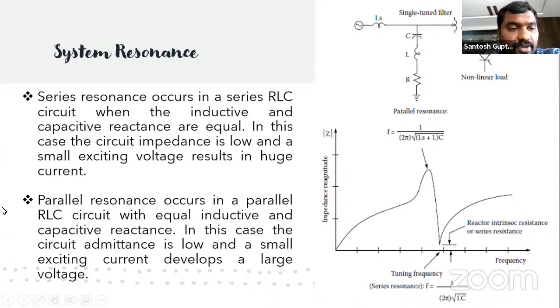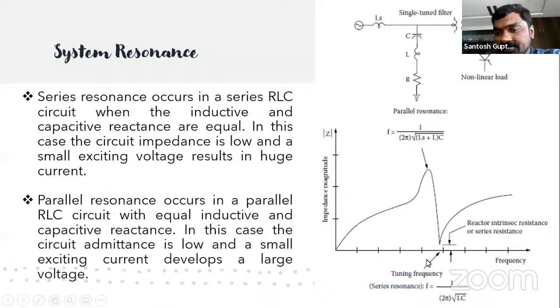Also, parallel resonance is like a parallel RC circuit with equal inductive and capacitive reactance. This happens in the parallel combination of inductance and capacitance. In this case, the circuit admittance is low. A small exciting current develops a large voltage.